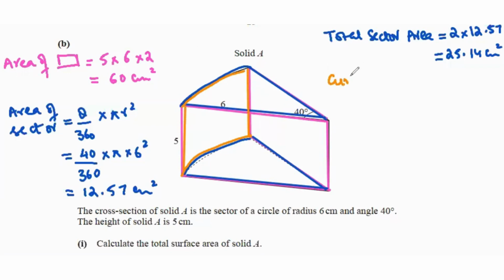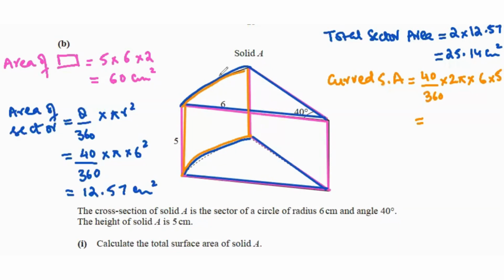So curved surface area is going to be your circumference times your length of 5. So that's going to be 40 over 360 times 2 pi times 6 times the height, which is 5.